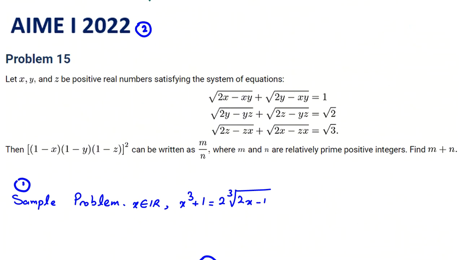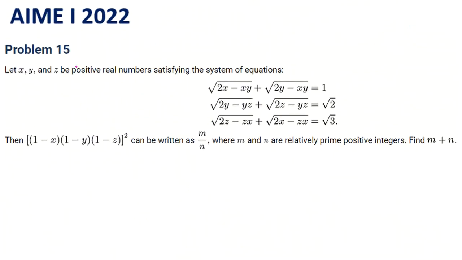Let's try this AIME. So for this problem, it says problem 15, AIME 1 2022. Let x, y, and z be positive real numbers satisfying the system of equations: square root of 2x minus xy plus square root of 2y minus xy equals 1, square root of 2y minus yz plus square root of 2z minus yz equals square root of 2, square root of 2z minus zx plus square root of 2x minus zx equals root 3.